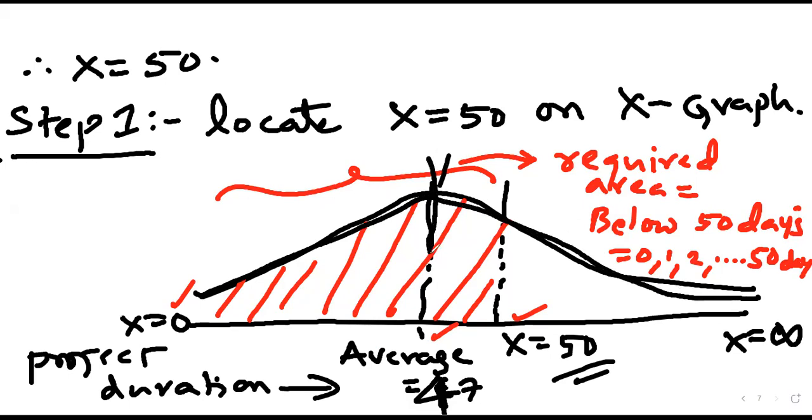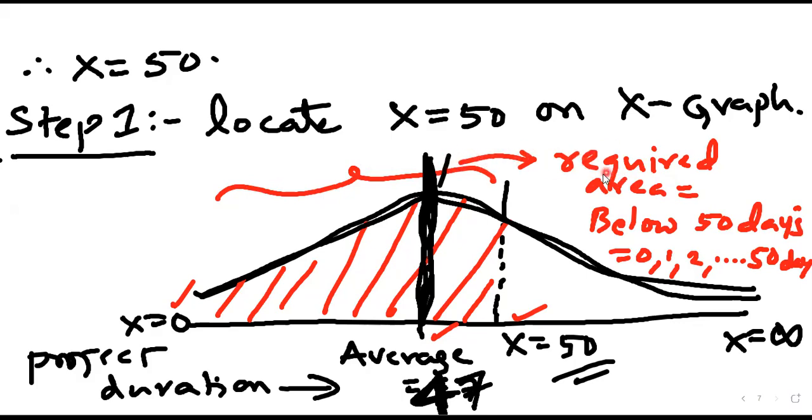What it says is that, in the past, the project duration was 47 days, and half the number of times the project was completed within 47 days. So there is a 50% chance that the project completes within 47 days, and another 50% chance that it completes above 47 days.